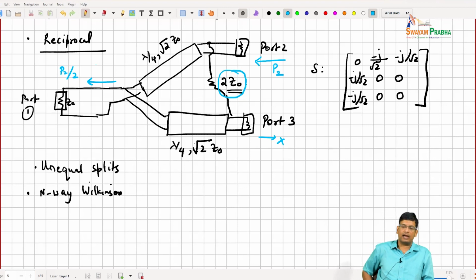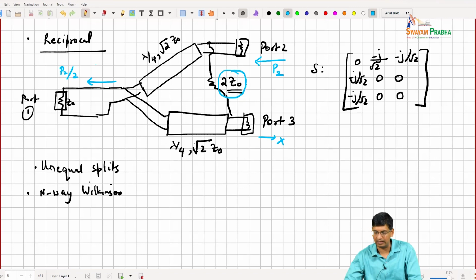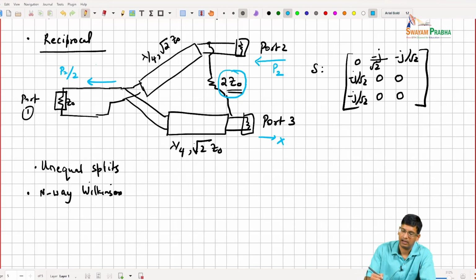So this isolation resistor must be sized to make sure that it can absorb the power that you might get in it. And also, in practical implementations, it sometimes occurs that these 2 ports are not very close together. So then you have to account for that by modeling whatever parasitics you have over here in order to connect these 2 points together.